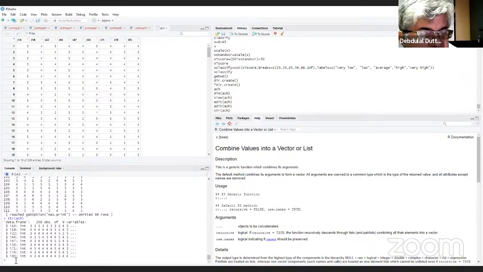Okay. So what is important is that I have to find out the sum by the row. So how many sums will be there? 209 sums, because 209 observations are there.